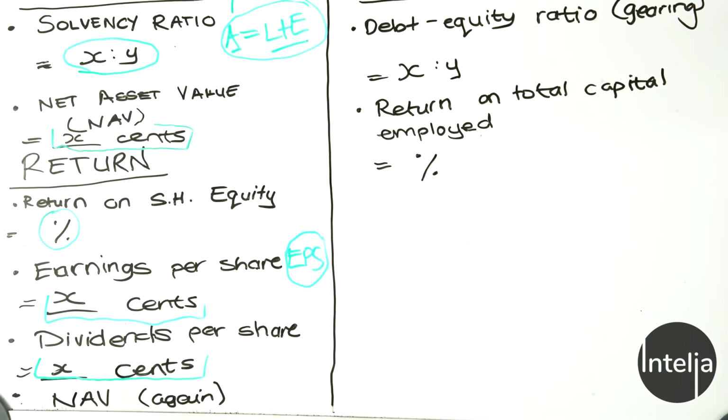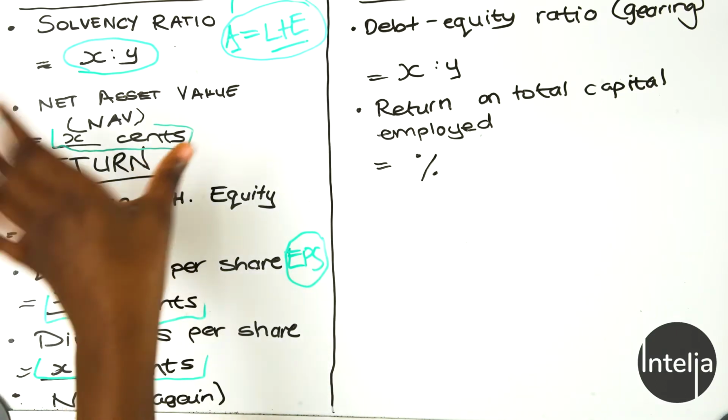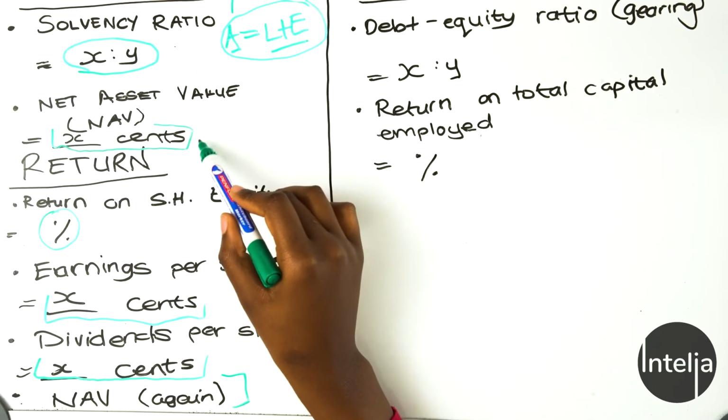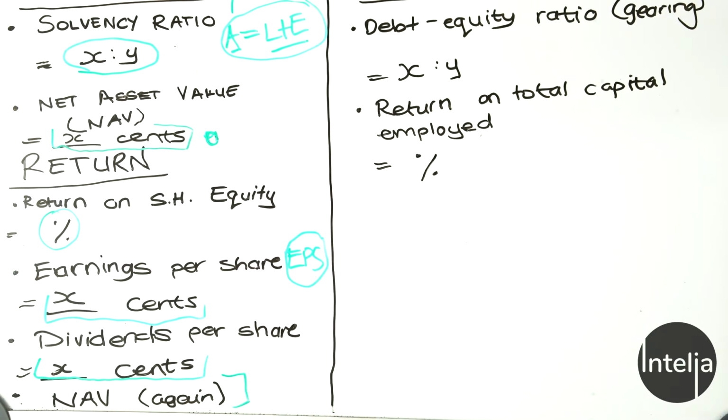So in terms of return, this looks into the net asset value of the shares, a more realistic value based on the performance of the business. And in terms of solvency as well, it looks at whether we are solvent when looking at our net asset value, right? And the net asset value is valued in cents.